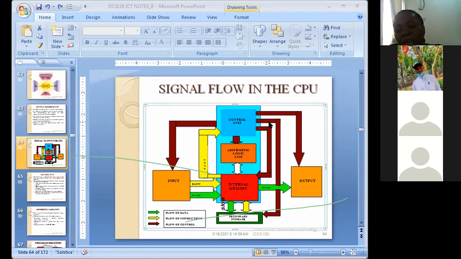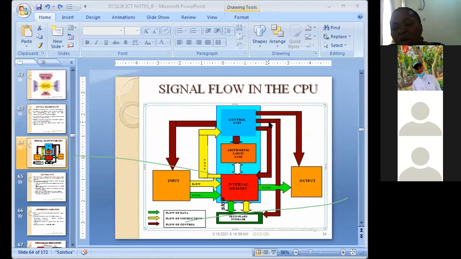So you see, if you critically study this diagram, it tells you at a glance what happens inside the CPU. It's a very well organized system. No unit works carelessly. No unit works haphazardly. Every unit works based on the signal it received from the other units.